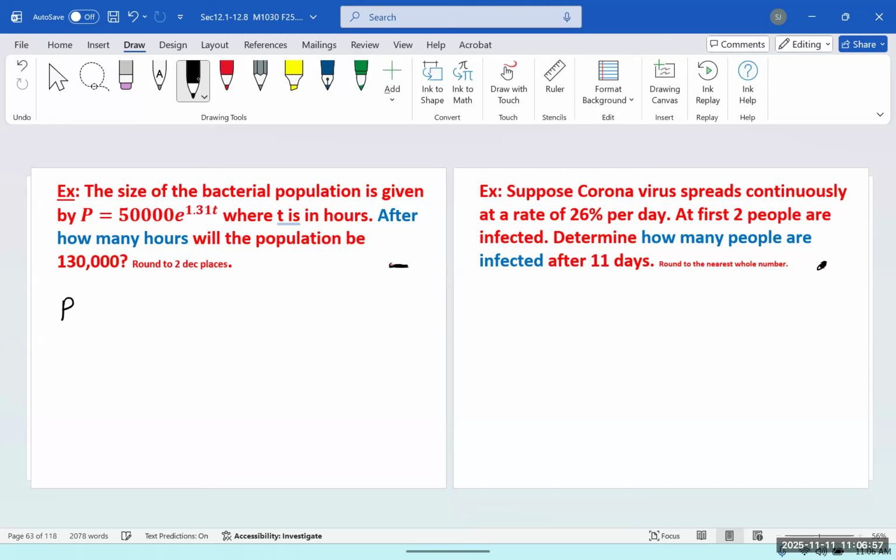So we have P equals 50,000 e to the 1.31t, and they're telling us about the final population. Our final population comes to 130,000, which equals 50,000 e to the 1.31t.